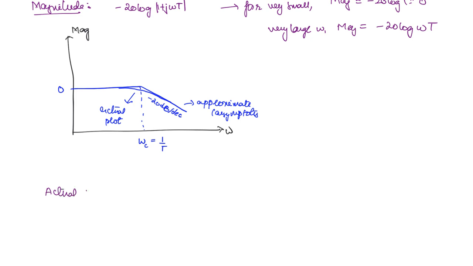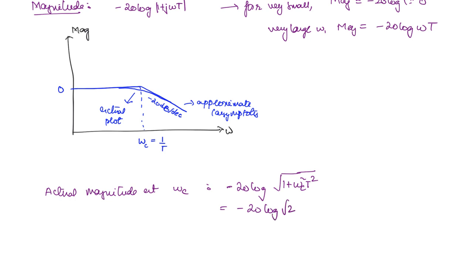Actual magnitude at corner frequency. This is going to be minus 20 log root over 1 plus omega c square t square. So this is going to be minus 20 log root 2, which is minus 3 dB. For a simple 0, it was plus 3 dB.